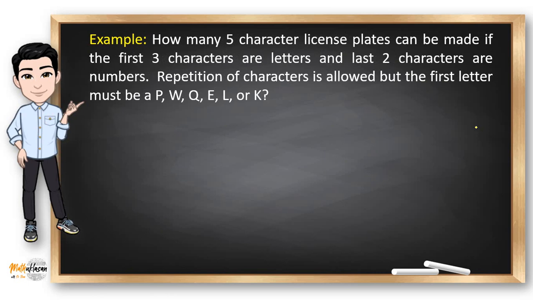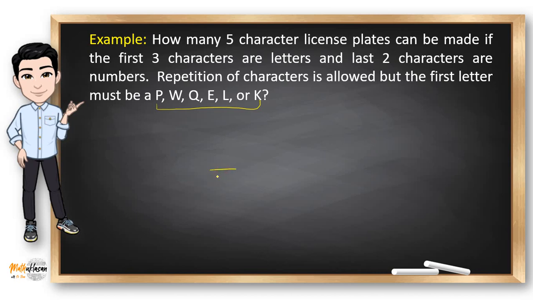How many 5-character license plates can be made if the first characters are letters and last two characters are numbers? So repetitions of characters is allowed, but the first letter must be one of these given letters. Okay, so it's a 5-character license plate.